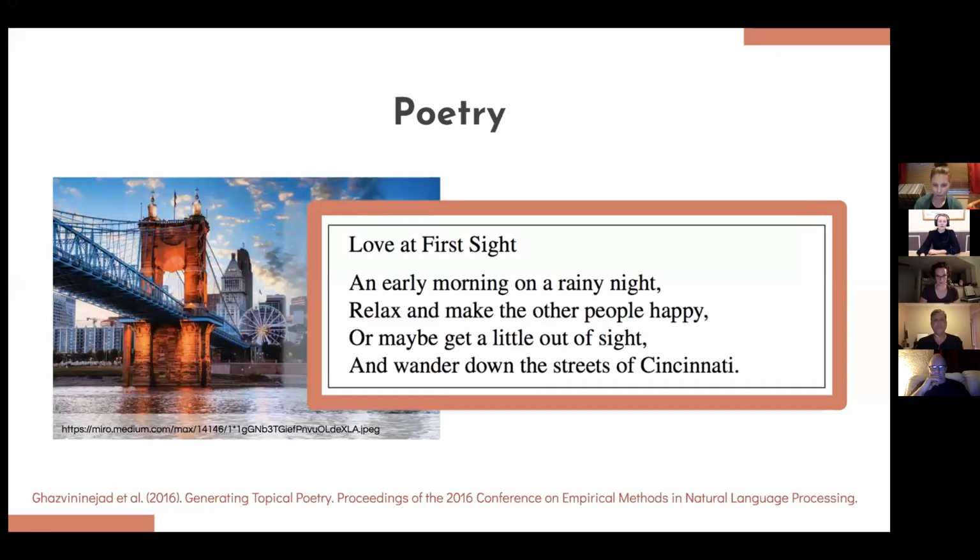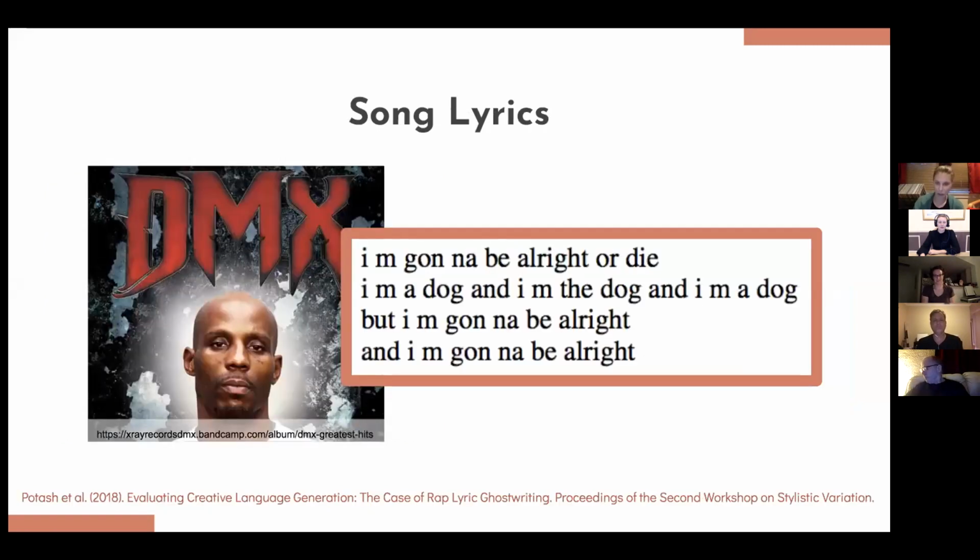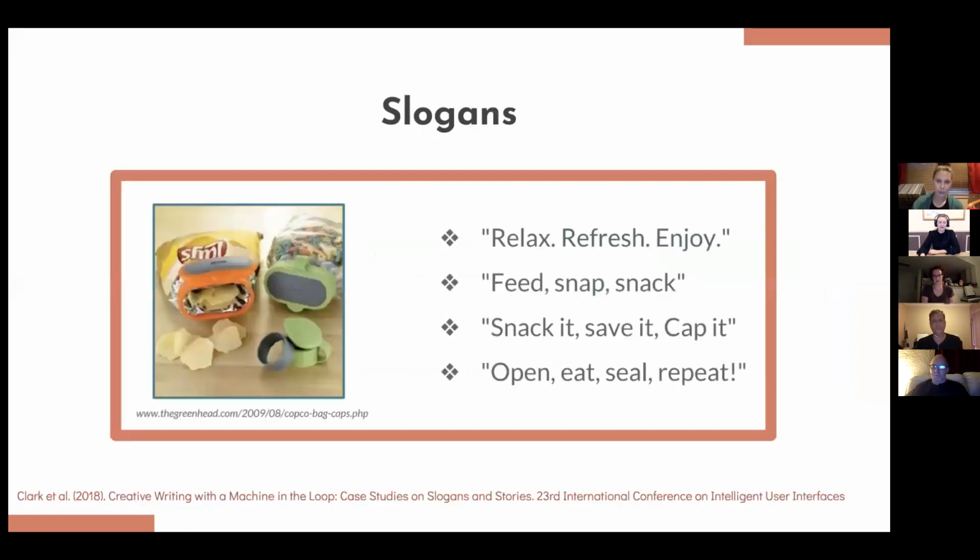So creative language generation has been applied to pretty much any type of writing that people have produced. So one common one is poetry, getting machines to automatically generate poetry. Along with that, song lyrics, so poetry that's matched with some sort of melody.